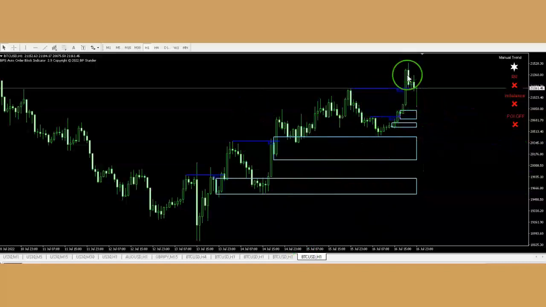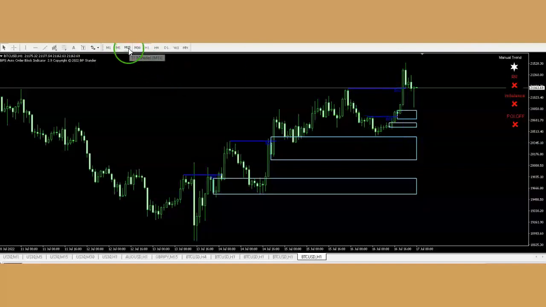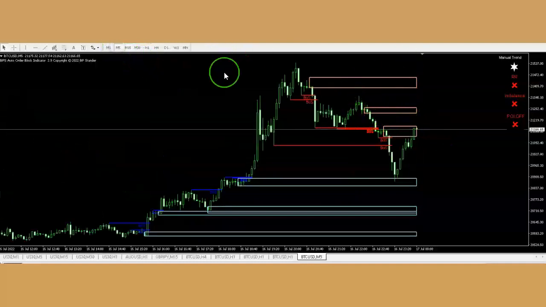Boom, it broke structure to the upside, and if you set your alarm, it will send you an alarm that, hey, I'm sorry, on the 1 hour, structure has broken on the 1 hour, right? So this is right here. So that's pretty cool. And then you go down to the 15-minute, you go down to the 5 minutes, try to find your strategy, right?